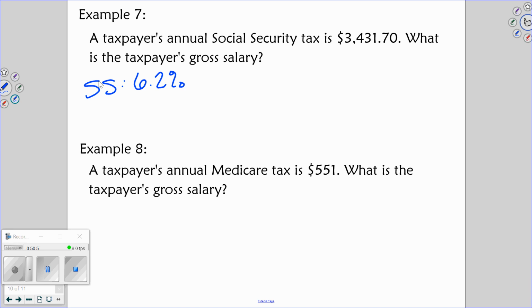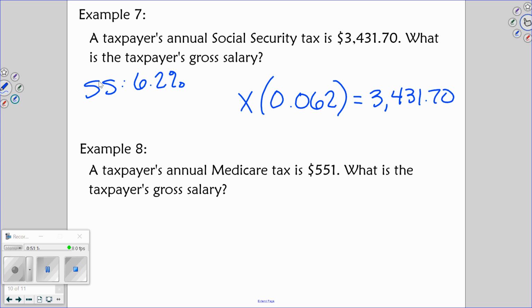Let's just forget this problem for a second. If I said I make this much money for the year, how much Social Security? You would take that number and multiply it by the 6.2%, right? And that would equal my tax. So what do I have to actually do? I have to divide. I'm working it backwards. I'm telling you how much they took out in tax.